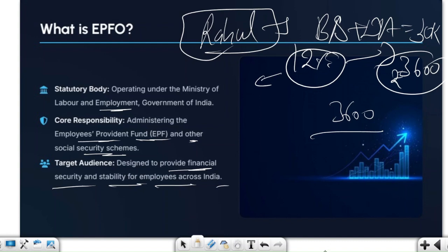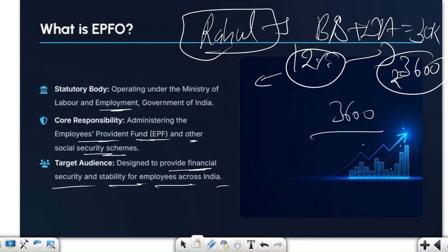So the total amount will be how much? Tell me. It will be 7,200, right? Here the employer's entire 3,600 does not simply go into Rahul's EPF account, rather it is divided between EPF and EPS, subject to the applicable wage ceiling and rules.